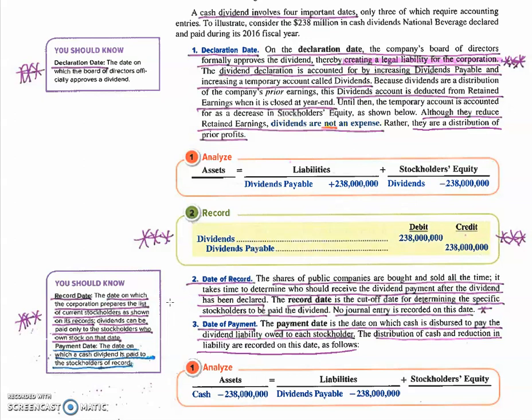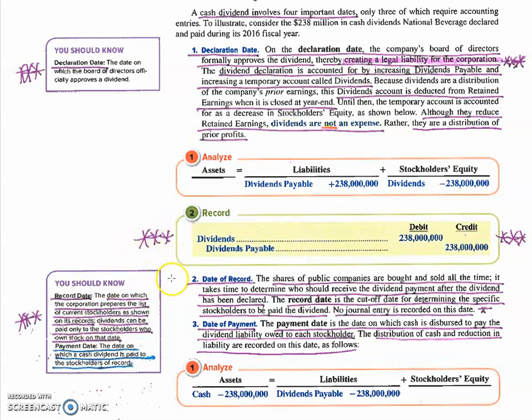So if the stock was trading at $80 a share on April 28th, it'll probably drop down to about $79 a share on April 29th. That's the ex-dividend date. So again, no accounting entry is made there.